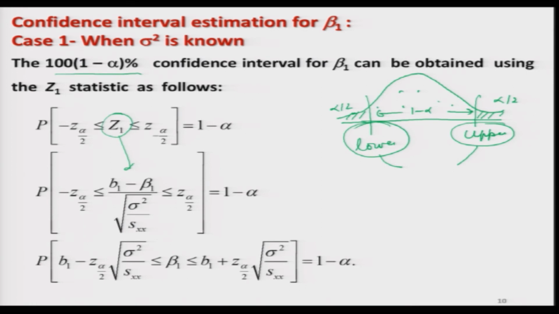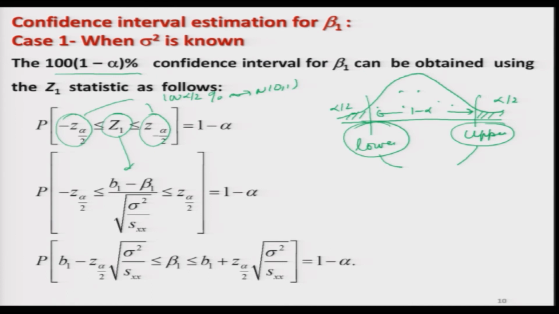So, what we assume that this capital Z1 will be lying between minus z alpha by 2 and plus z alpha by 2. What are this minus z alpha by 2 and plus z alpha by 2? They are the 100 alpha by 2% points on the distribution of normal 0 1, right.